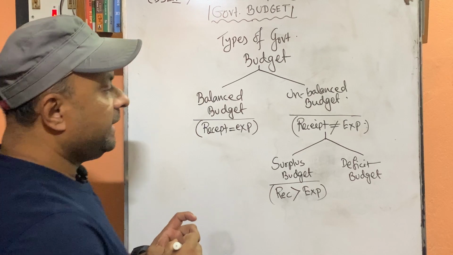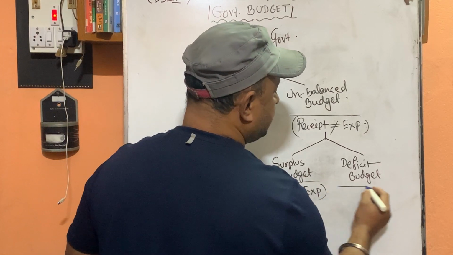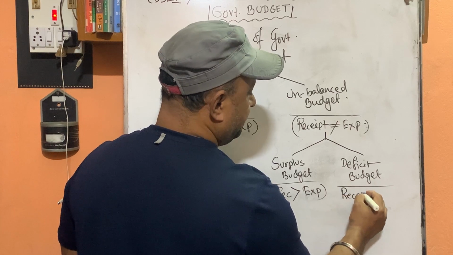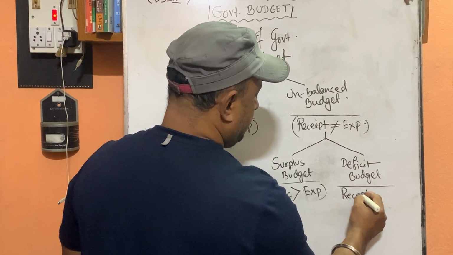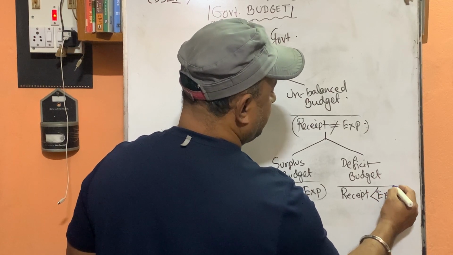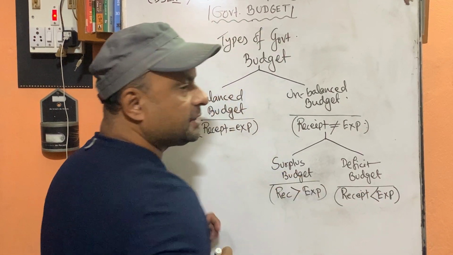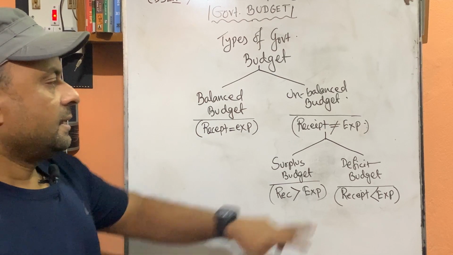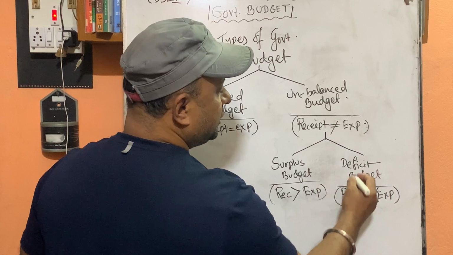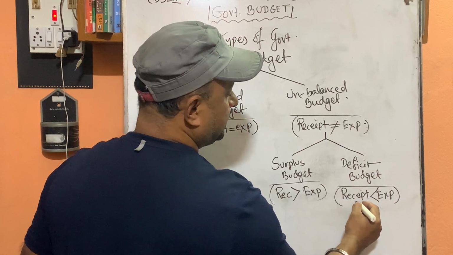But in a country like India, we always have a deficit budget, where government's receipt is always less than its expenditure. Means our expenditure is more, our income is less. This is deficit budget. And the next part is totally based on this deficit budget.